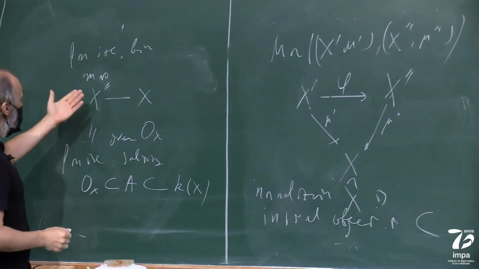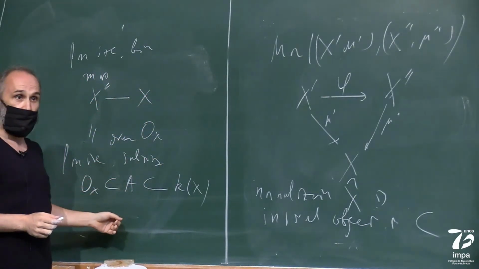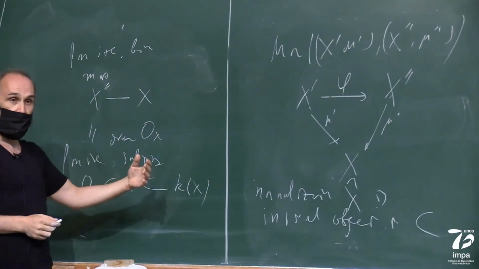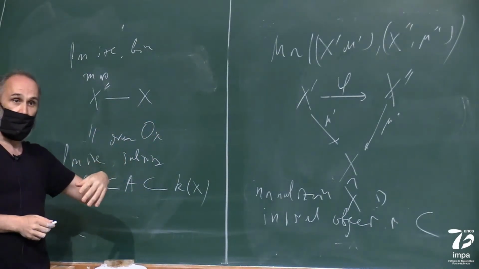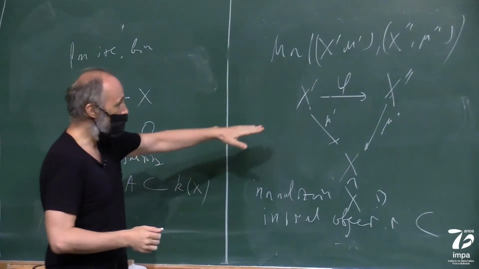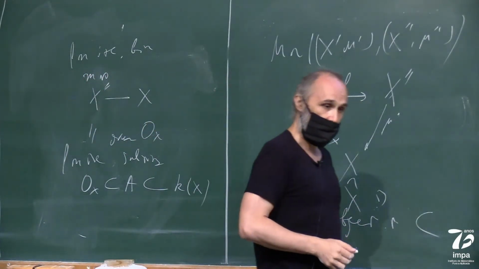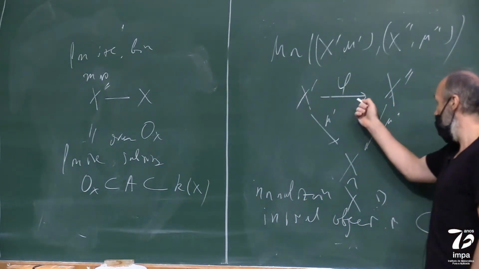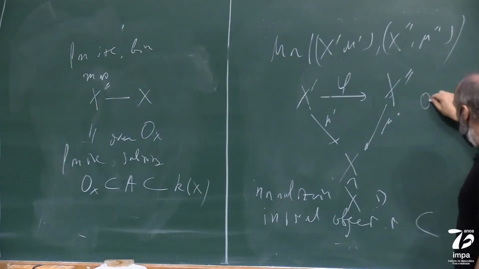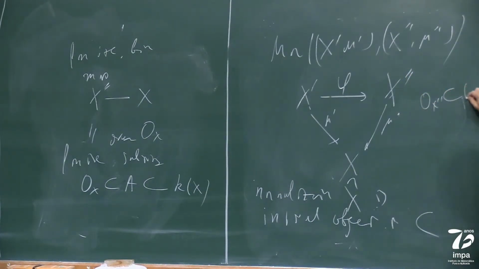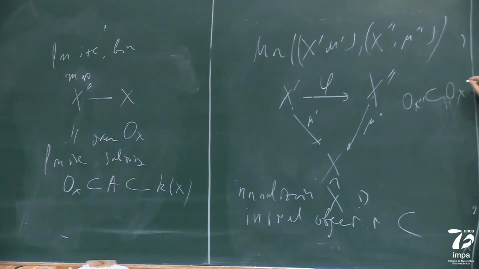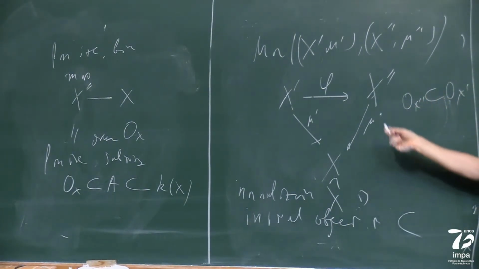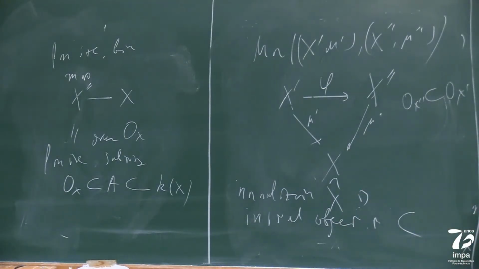And the normalization is the biggest of such rings. This is why it is the initial object. It contains all of the rest. So this is why you have this unique map from normalization to anything else. This just means that OX double prime is contained in OX prime, and this gives you a unique map compatible with these projections.